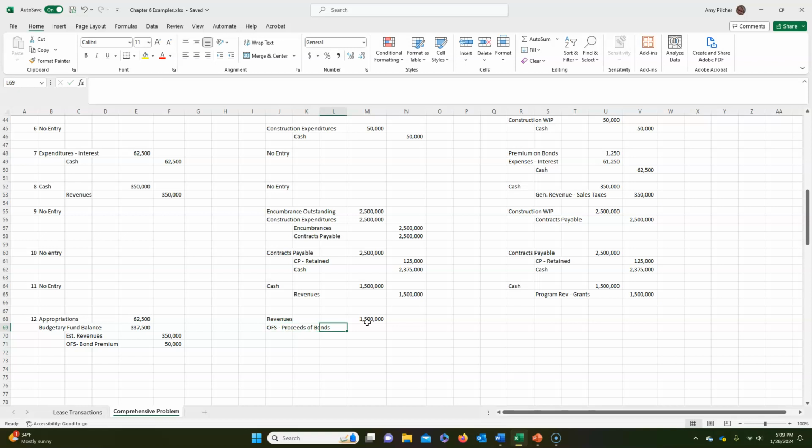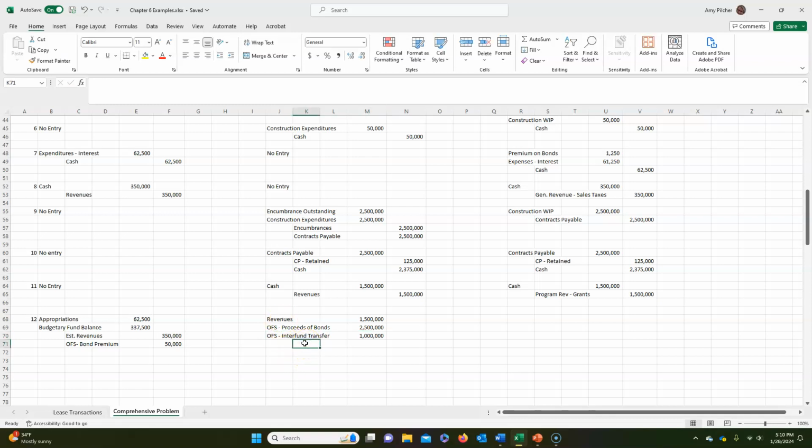So we had $2.5 million in bonds. Okay. And then we had the other financing sources, interfund transfer of $1 million.